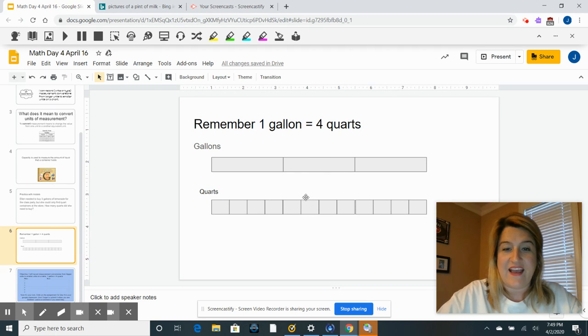Here's my second gallon, another 4 quarts, and my third gallon, and another 4 quarts. So this model helps me find the answer to the question. If I need 3 gallons of lemonade and I can only find it in quart containers, then I'm going to need 12 quarts to be equivalent to the 3 gallons that I need for my party.